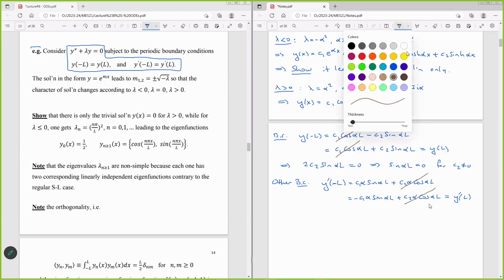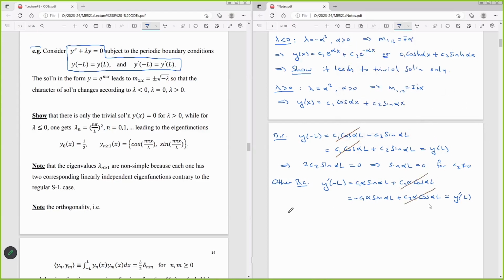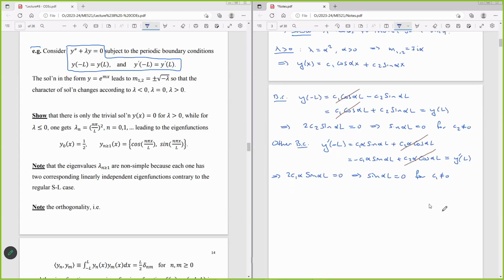And again, you end up with the same condition, which means that the condition above satisfies both BC. 2C1 alpha sine alpha L has to be 0. It means sine alpha L must be 0 for C1 to be different than 0, right? Okay, so what's the solution to this?